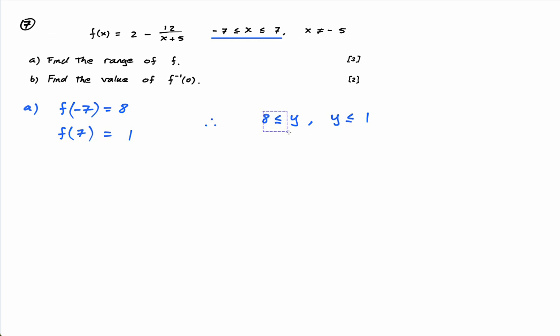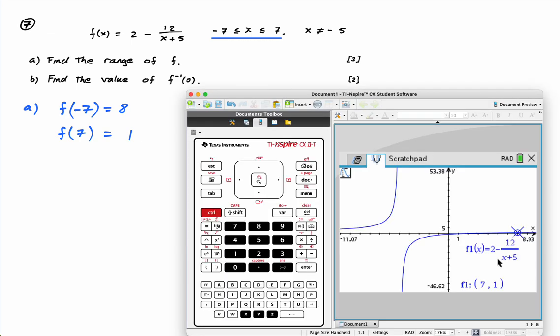So I can actually write this the other way: y is greater or equal to 8 or y is less than or equal to 1. Because of this graph, greater or equal to 8, because at -7 it's 8, so it's 8 or more, goes up along here, and 1 or less, because it comes along here.